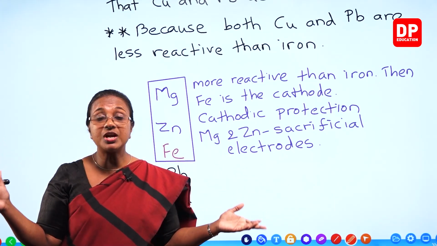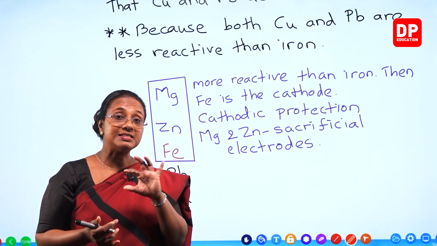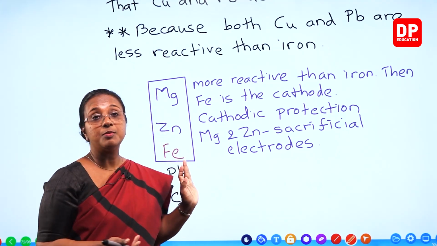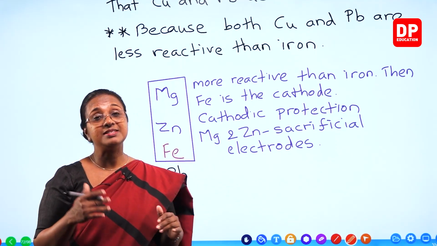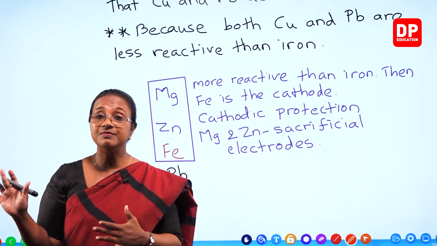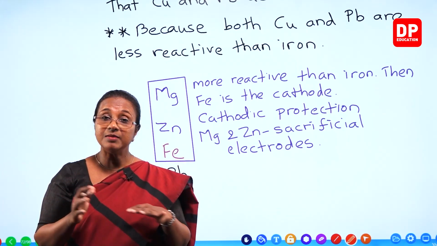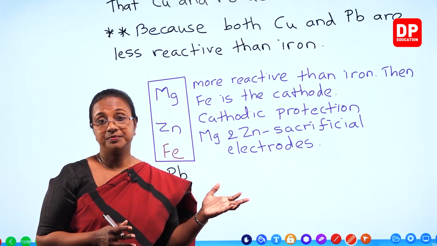Same in huge structures like bridges made of iron or steel. They place small pieces of magnesium or zinc there, which act as sacrificial electrodes. Because of that, iron will be protected, and from time to time you can just replace this magnesium or zinc.